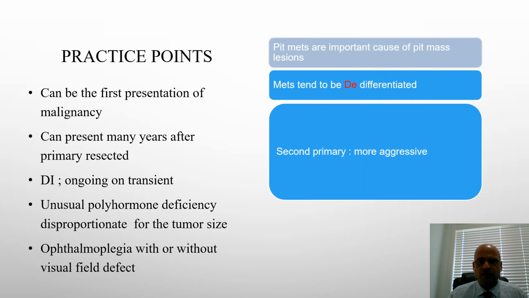And ophthalmoplegia, of course. So pituitary mets are an important cause of pituitary mass lesions, can be dedifferentiated, and can be a second primary lesion in the pituitary, which can be very aggressive. Please do remember that the pituitary lesion can be difficult to differentiate from a non-functioning macroadenoma. It can be very difficult to differentiate, so you have to be very careful.